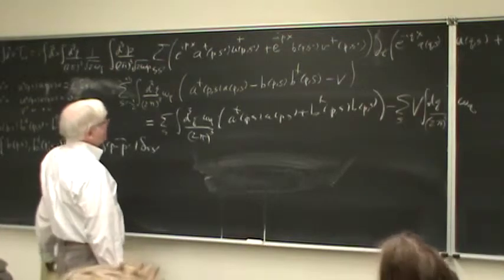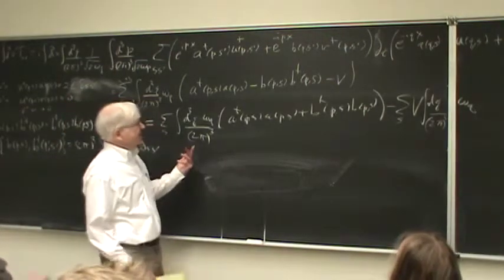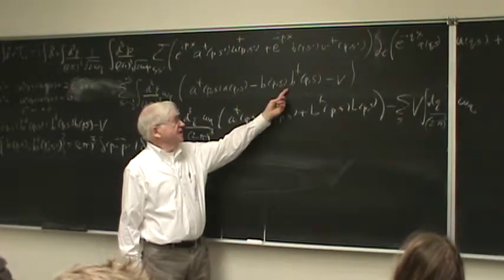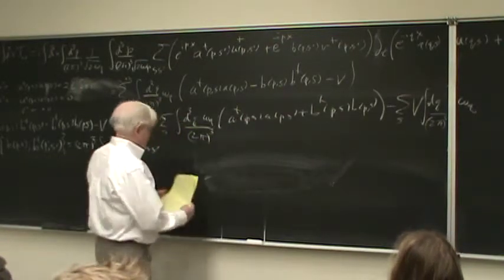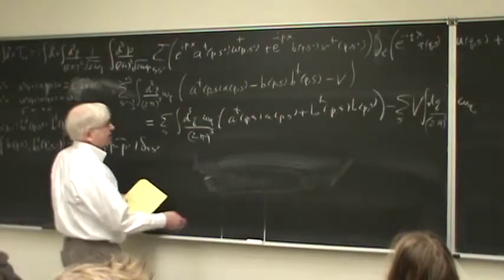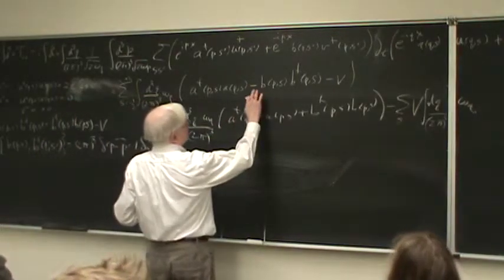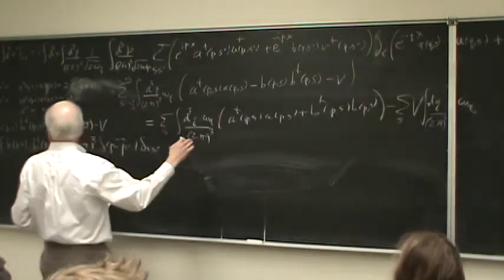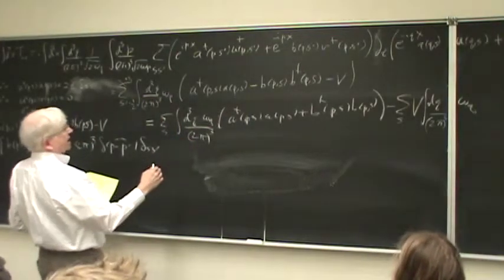Anyway, if instead we had used commutation relations, well then what would have happened is we would have gotten, let's see, where did we start here?